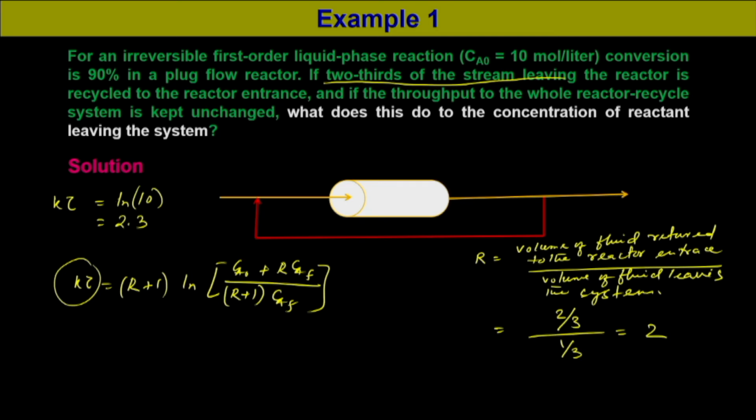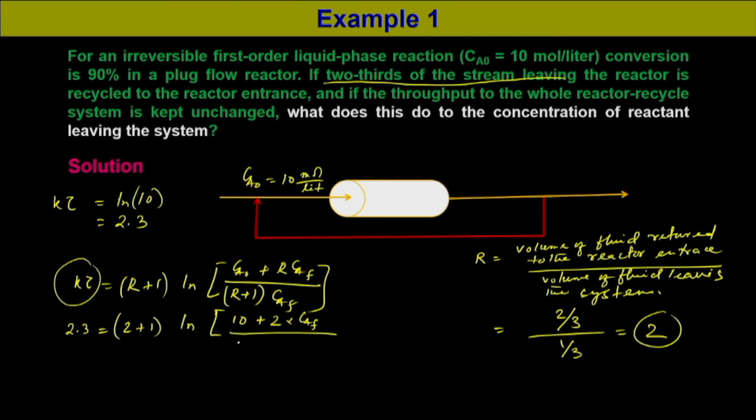So, if we substitute, 2.3 is equal to (2 plus 1) ln of (10 plus 2 CAf) divided by (2 plus 1) CAf, where CA0 is 10 mole per liter and the recycle ratio we have calculated is 2.